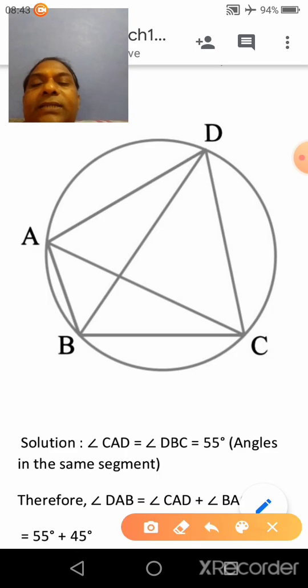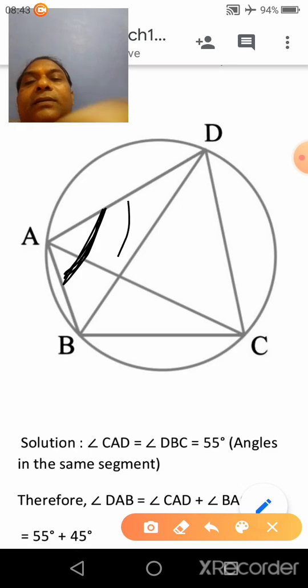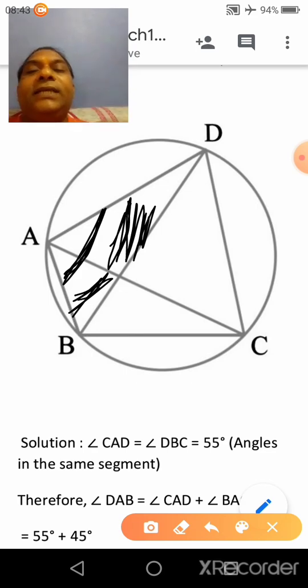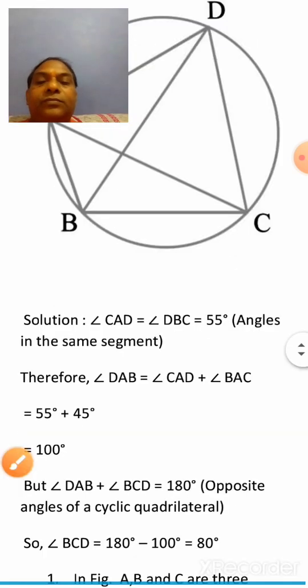DAB means this angle. This angle will be equal to angle CAD, this angle, plus angle BAC, this angle. Clear? So this angle CAD is equal to 55 and angle BAC is equal to 45. So 55 plus 45 is equal to 100 degrees.